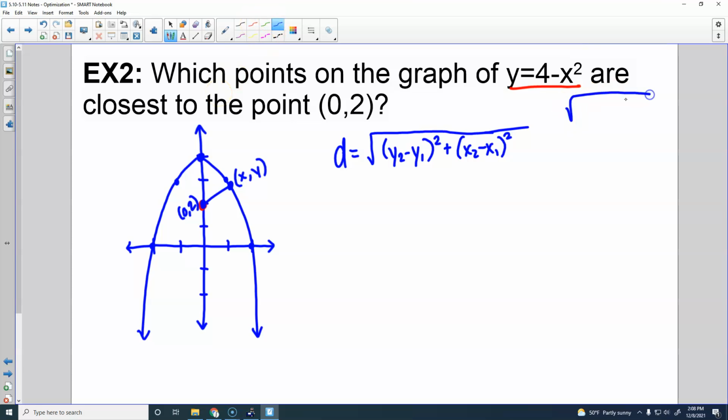Is that 3 plus 2? No. 9 plus 4 is the square root of 13, which is not 5. So if you have that plus sign right there, you can't square root the two things separately.